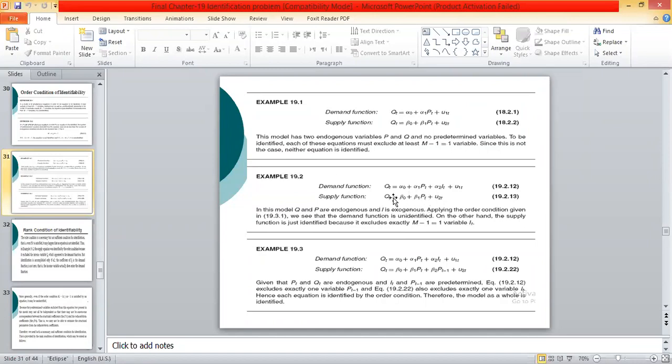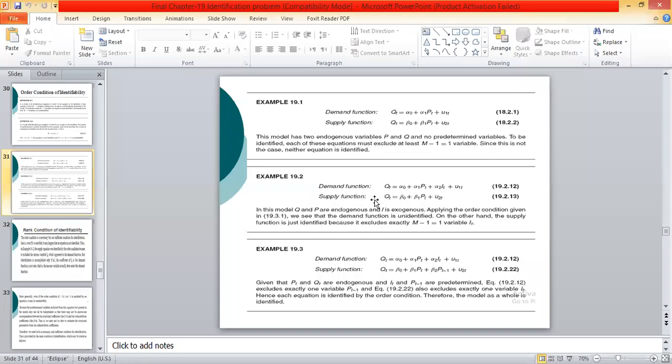So if the demand function is to be identified, it must exclude at least one variable. But you can see that all the variables present in the model are present in the demand function. It means the demand function does not exclude any of the variables. So the demand function is unidentified.